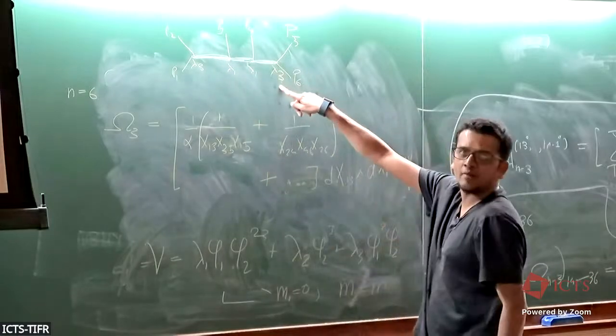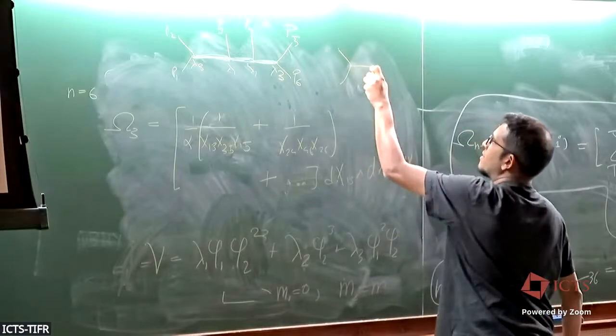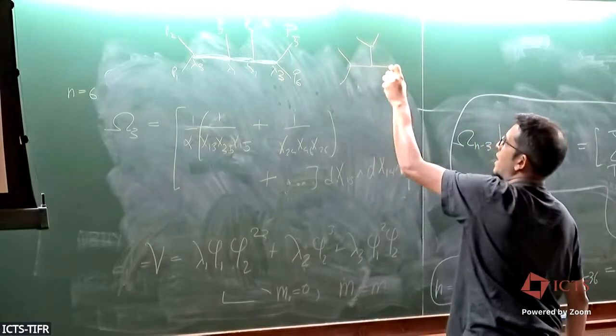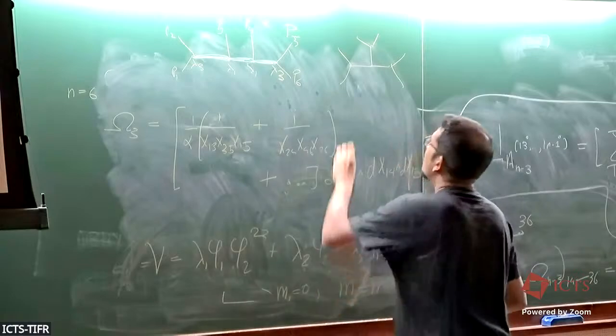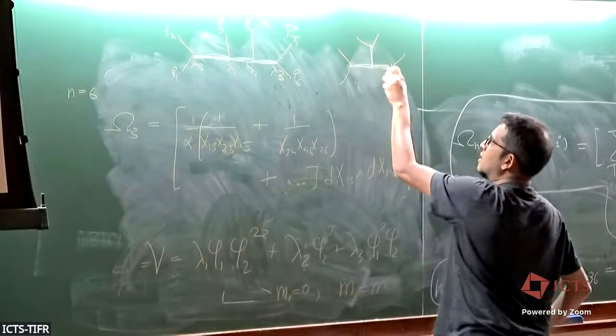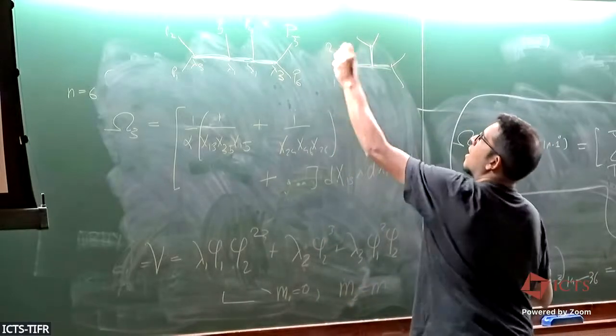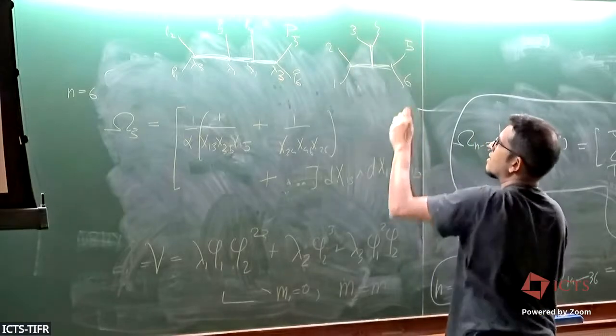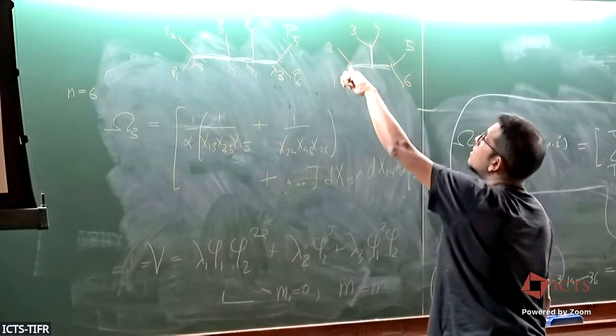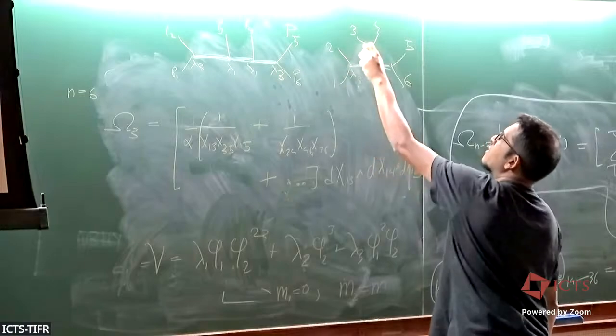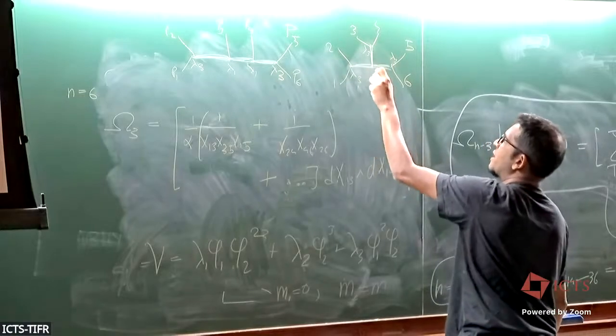That's this coupling, but you notice that if I look at this diagram, which is also part of this 6-point amplitude computation, then this is lambda 3, lambda 3, lambda 3, but this one is lambda 2.